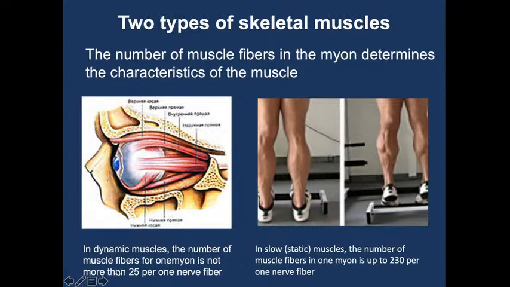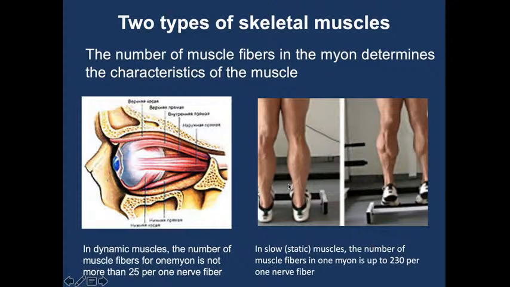It would be dynamic muscles, like muscles of the oculus, or special muscles in our orbita. They move our eye into different positions, and you see only up to 25 muscle fibers usually for one nerve fiber.